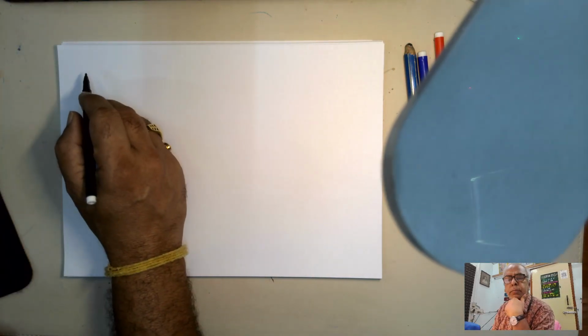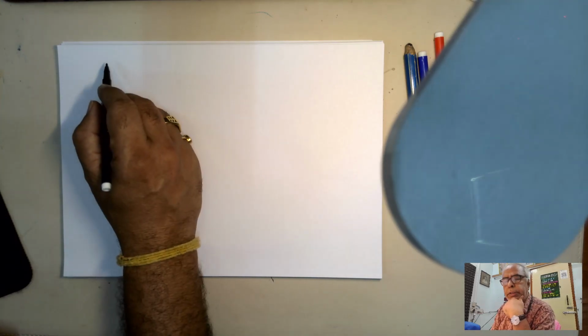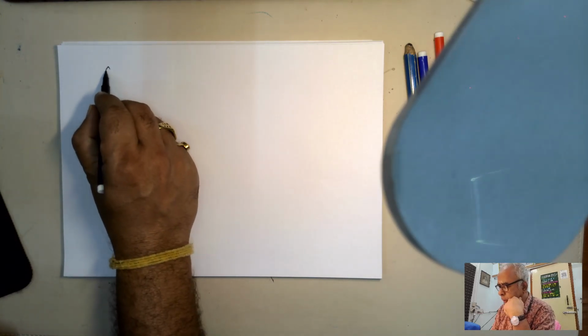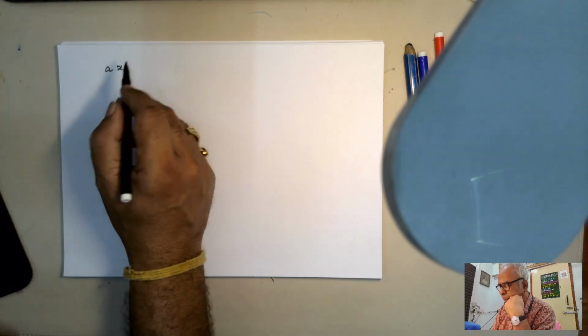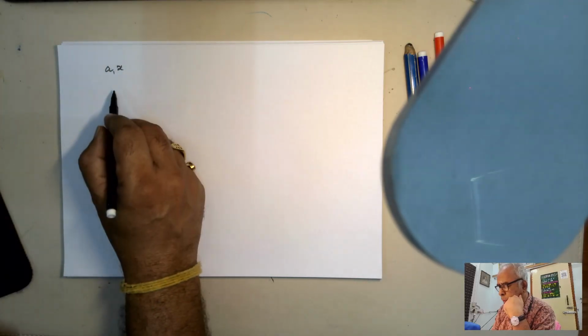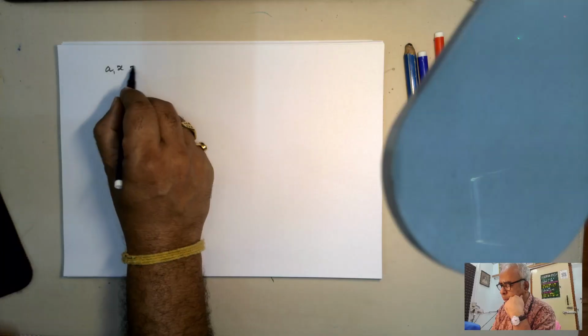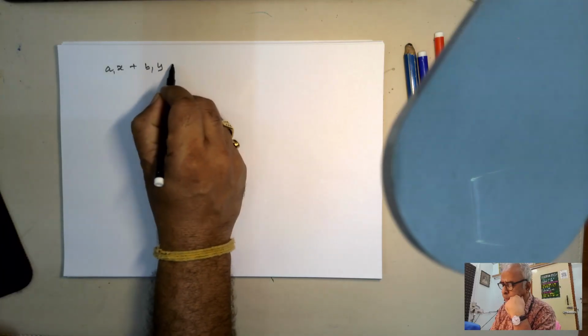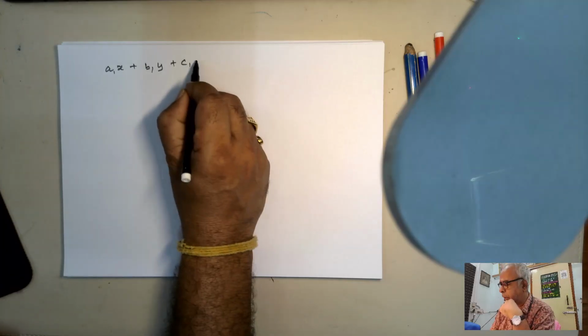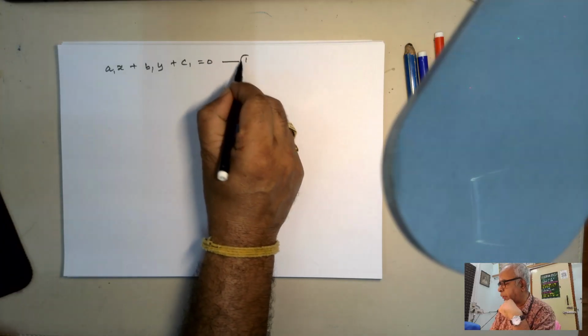Let us consider a1x plus b1y plus c1 is equal to 0, even instead of prime you can put a1, no issues.